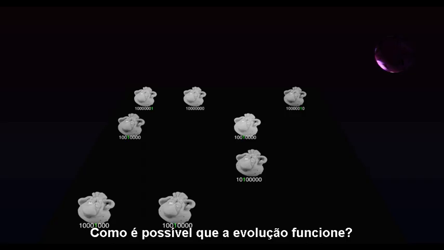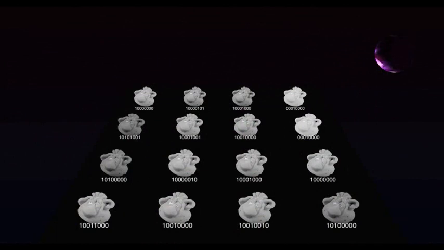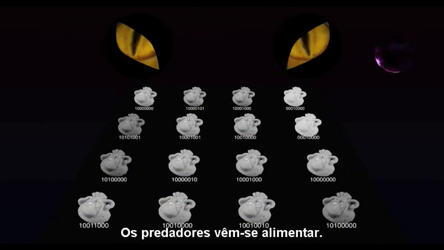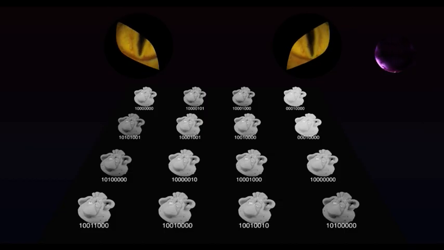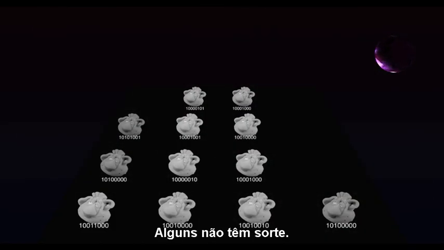How can evolution ever work? The survivors mate, producing the next generation. Predators come to feed. Some are just unlucky.